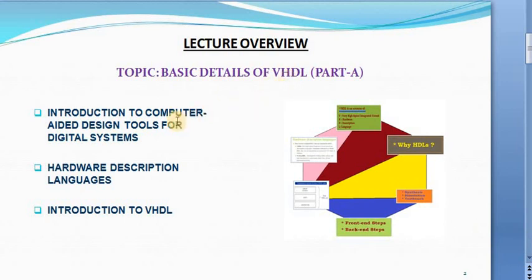In today's lecture, we revise a very important topic, that is basic details of VHDL. Here we study details of computer-aided design tools which are used in digital systems, hardware description language, and introduction to VHDL.